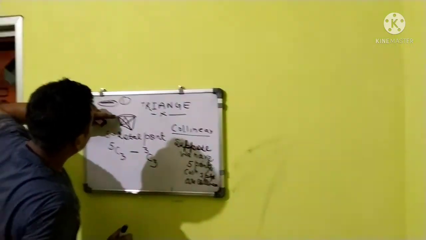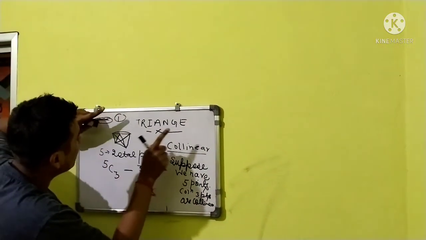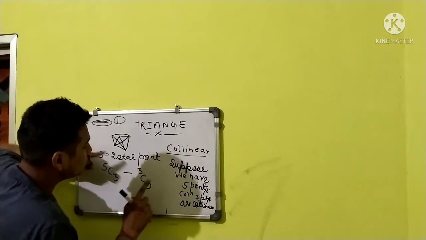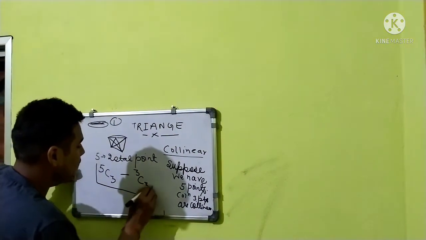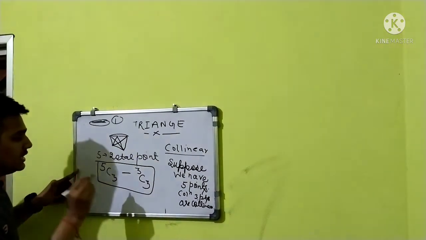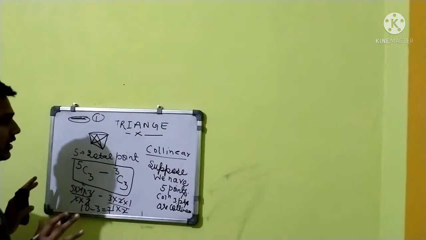But the triangle from these 3 collinear points cannot be counted as a triangle, so we cannot add plus 1. Okay, now the answer is 5C3 minus 3C3. That is the concept regarding triangles.